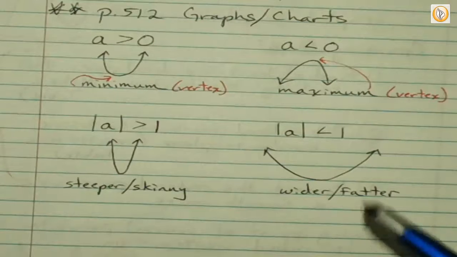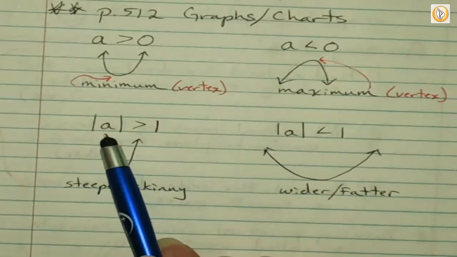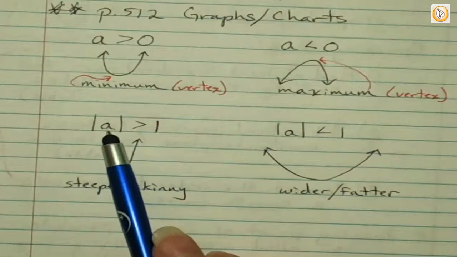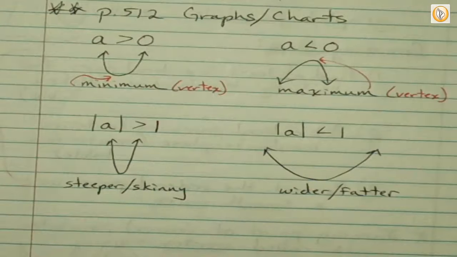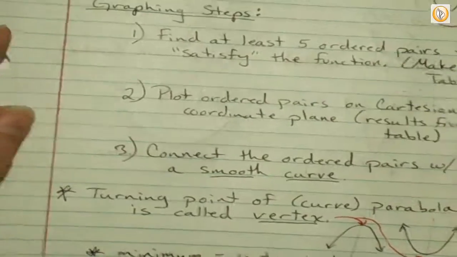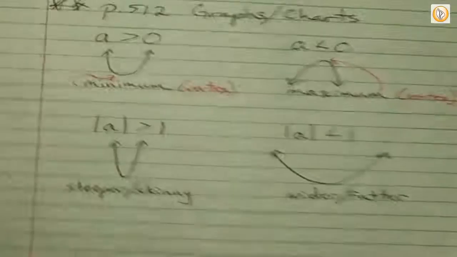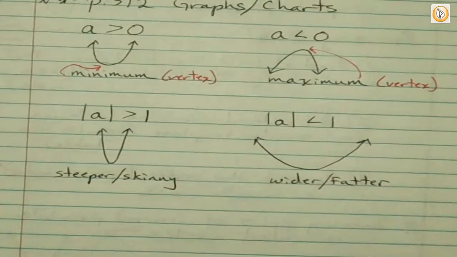If you graphed a big old fat parabola, but the absolute value is greater than 1 and it's supposed to be skinny, then you know you've done something wrong. However, if you do these 3 things correctly, do you even really have to worry about these 4 things? Do you? No, you do not.